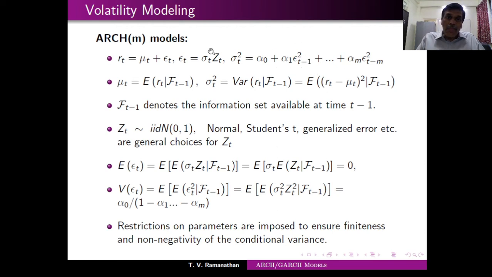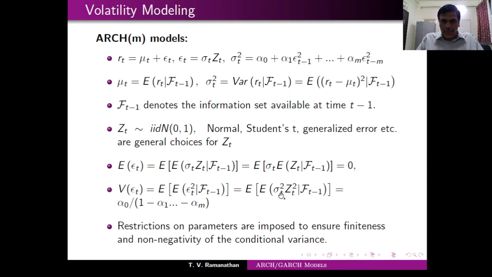That is if you're talking about ARCH 1. If you're talking about ARCH M, all these terms are going to be there. In such a case, you are going to have the same thing on the left hand side and right hand side, and you are taking the expectation of the square of this quantity.